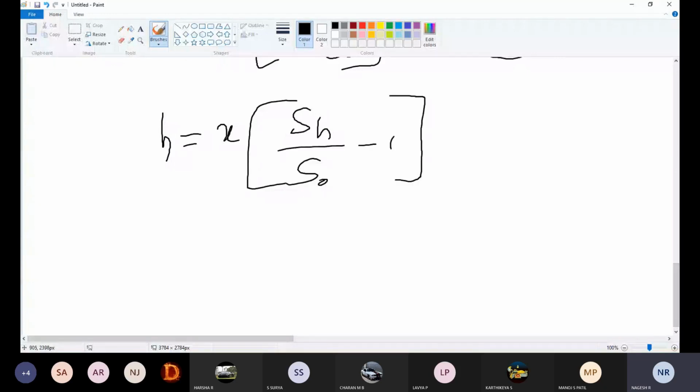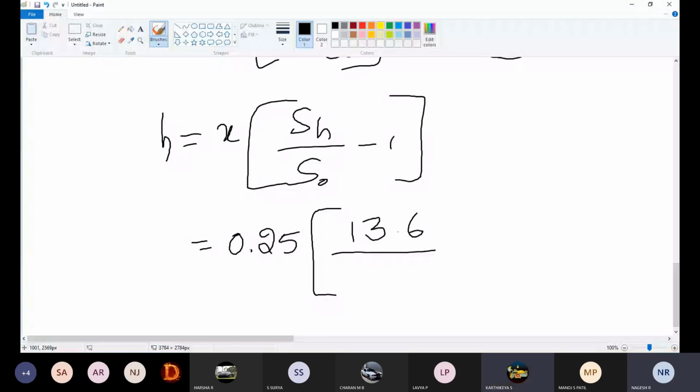Okay, so now what is the X value? X value is 0.25 meter. And SH value is the specific gravity of heavier liquid, 13.6. Specific gravity of oil 0.8, minus 1.